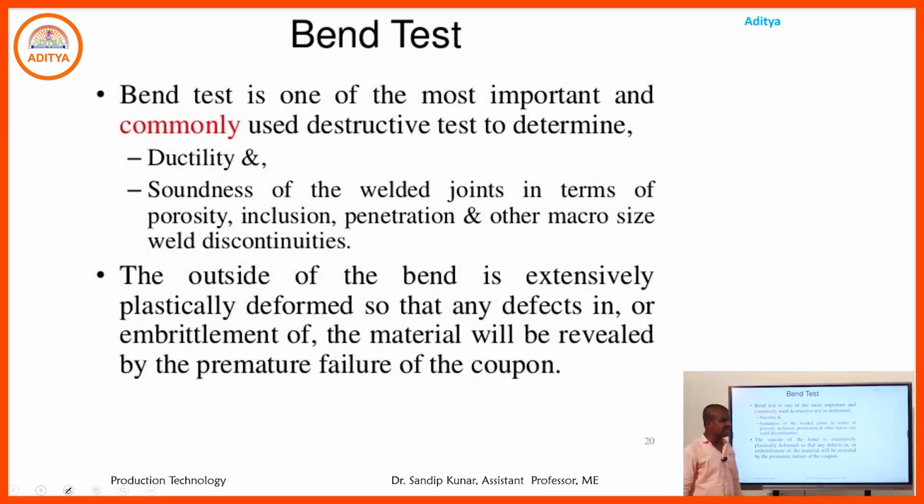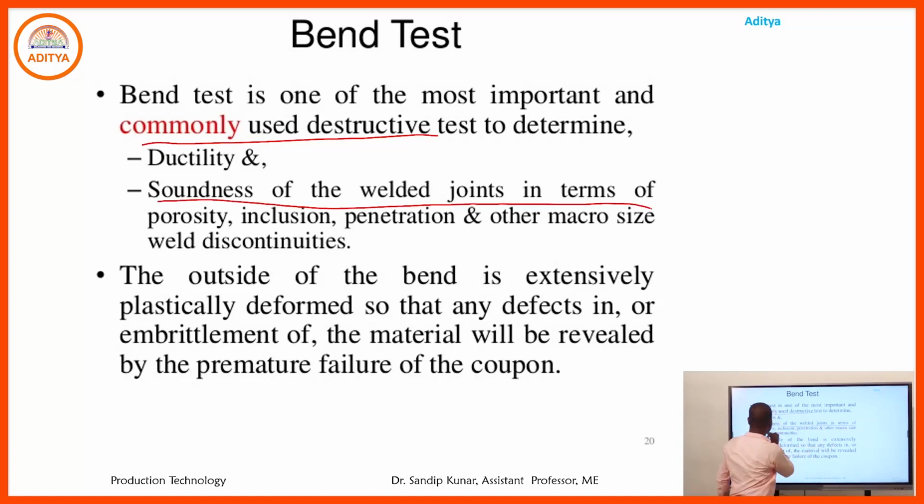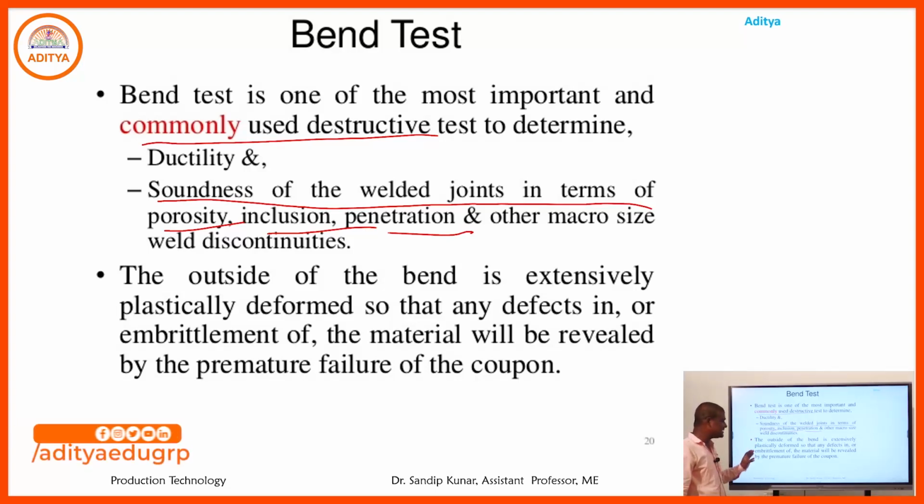Bend test also is one of the most important commonly used destructive tests to determine the ductility and soundness of weld joints in terms of porosity, inclusion, penetration and other macro size weld discontinuities. Based on the bending test we have collected that data, and we conclude that up to that point the weld quality is good, and beyond that the weld quality will deteriorate.